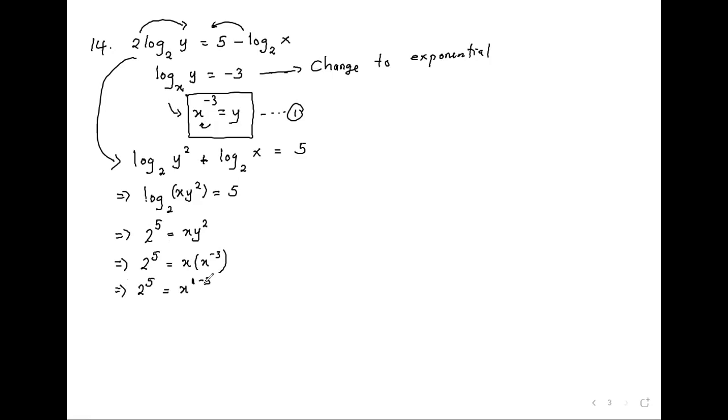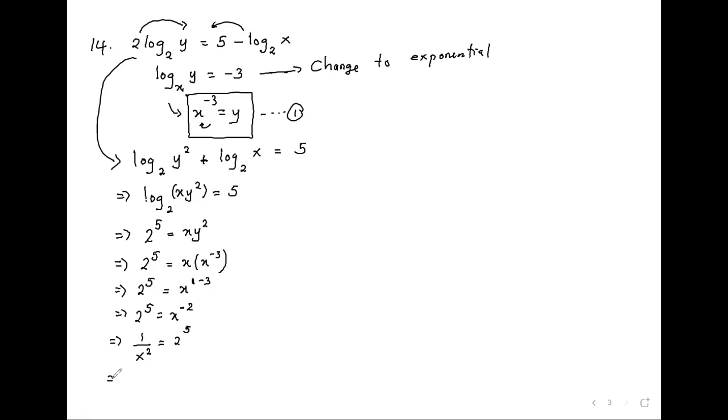Then adding by subtraction, we get 2 to the power of 5 is equal to x to the power negative 2. What does it become? This is 1 over x squared is equal to 2 to the power 5.